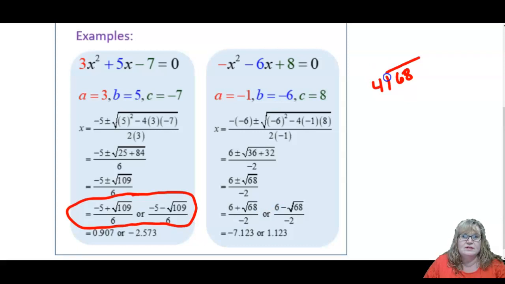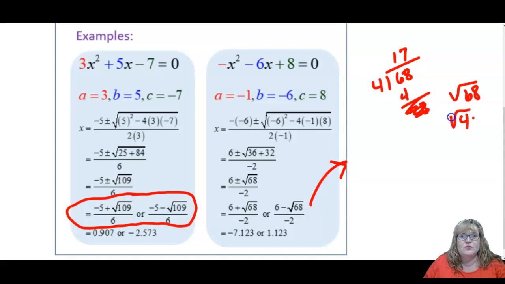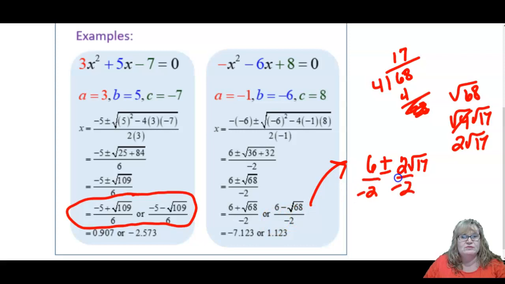Let's try that. Yes, 68 is 4 times 17. So in pre-calc, we would have said the square root of 68 is the square root of 4 times the square root of 17, and the square root of 4 simplifies to 2, so we had 2 square roots of 17. So we would have said this is 6 plus or minus 2 square roots of 17, and then it's over negative 2. I'm going to write the negative 2 under both of those so I don't do any silly thing like cancel it with 1.